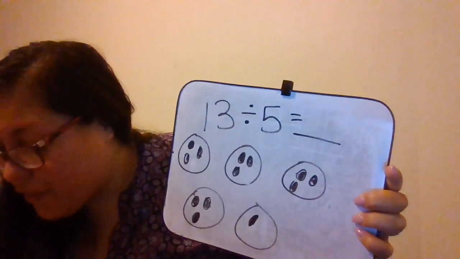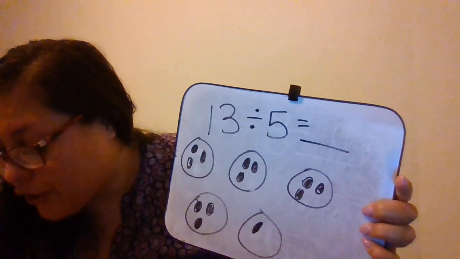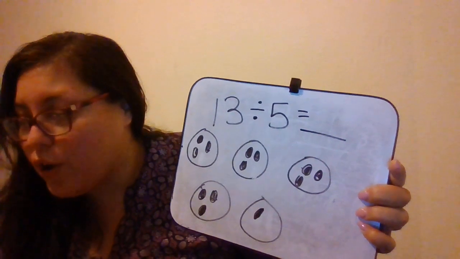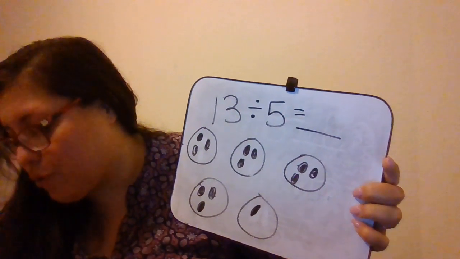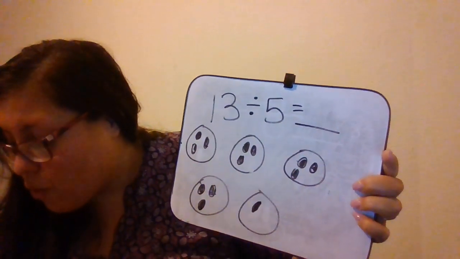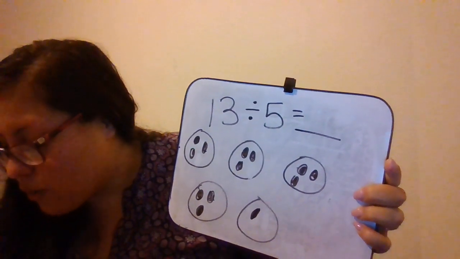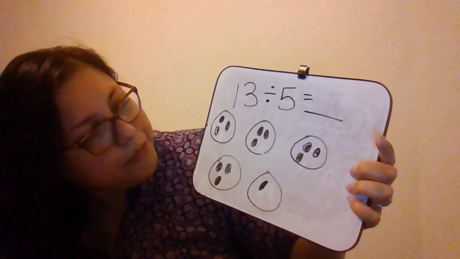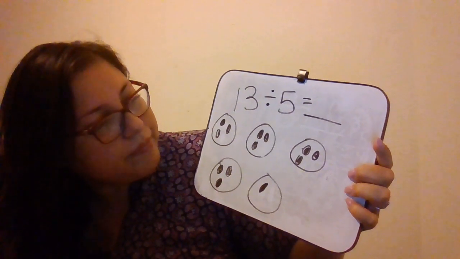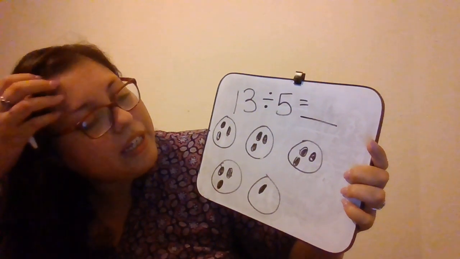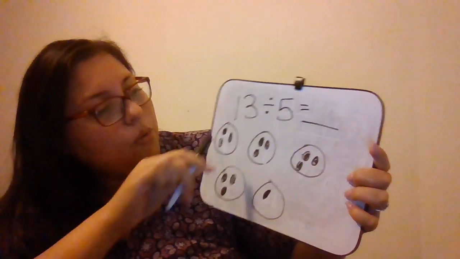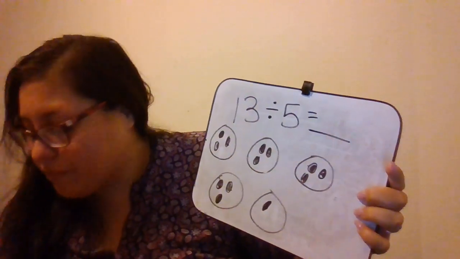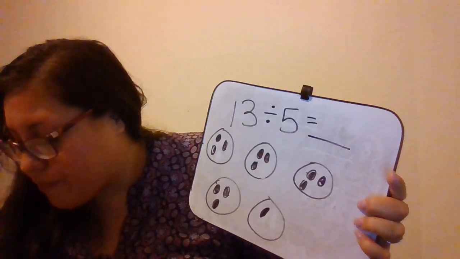So for this one, on page 325, how many groups? We have 5 groups and we are making 13, but we were only able to make 4 equal groups.